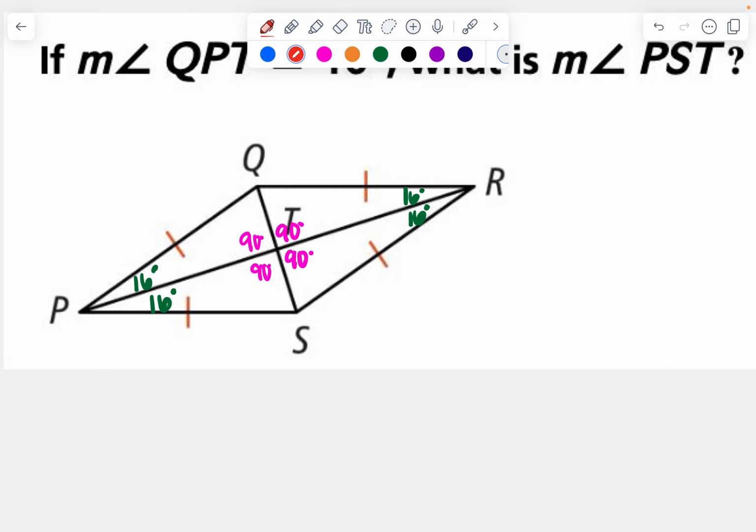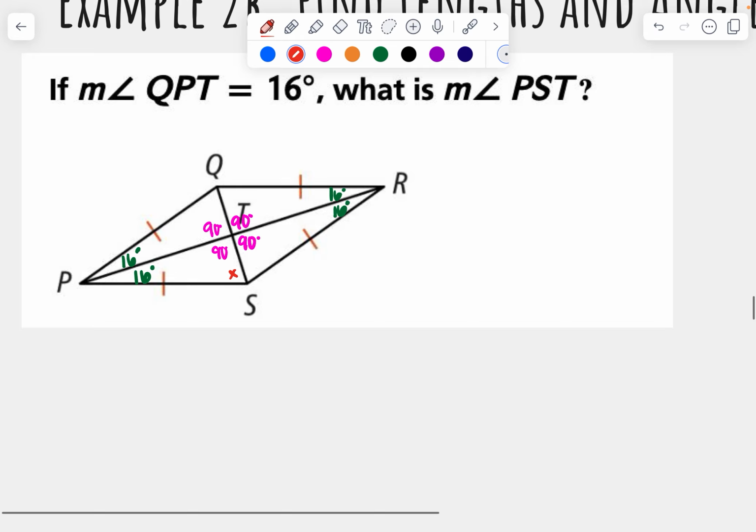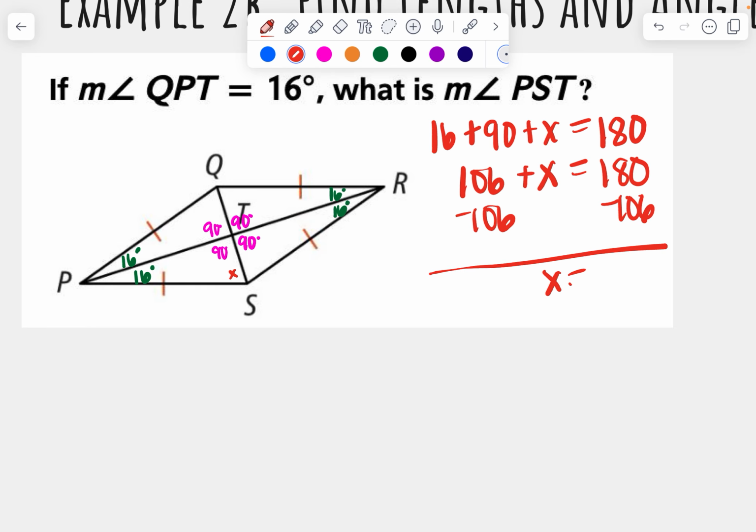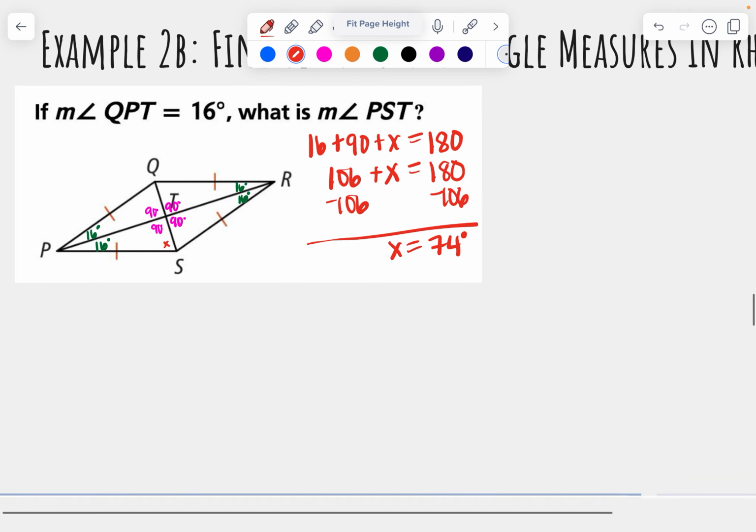So they're looking for that angle right there. So I'm going to solve this the same way. 16 plus 90 plus x is 180. 16 and 90 is 106. So 106 plus x is 180. Taking 106 from both sides, I will get that x is 74 degrees.